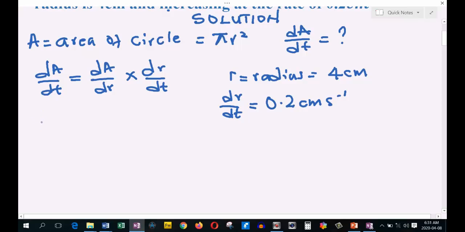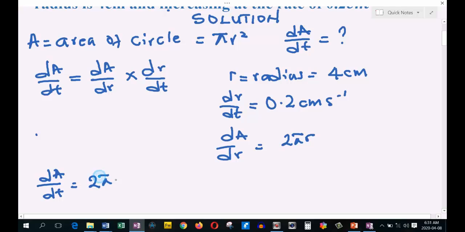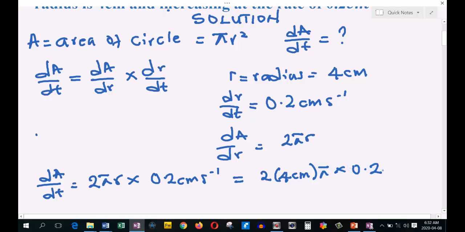So also dA/dr is equal to 2 pi r. So our dA/dt, which is given as 2 pi r times 0.2 centimeter per second, will now give us 2 into 4 centimeter into pi times 0.2 centimeter per second.